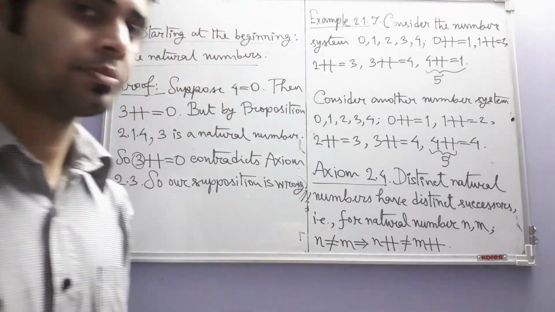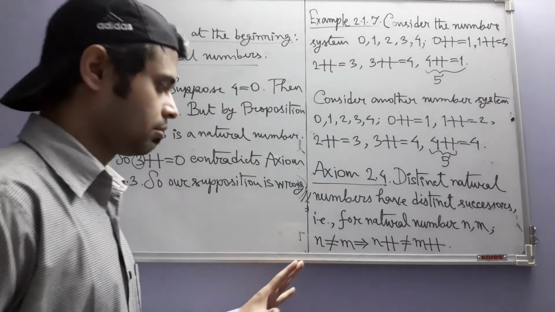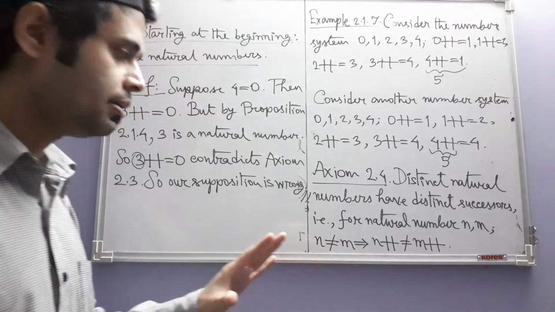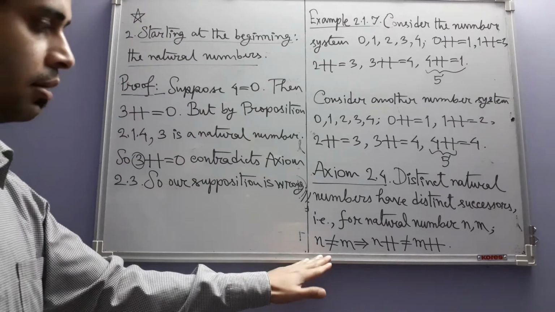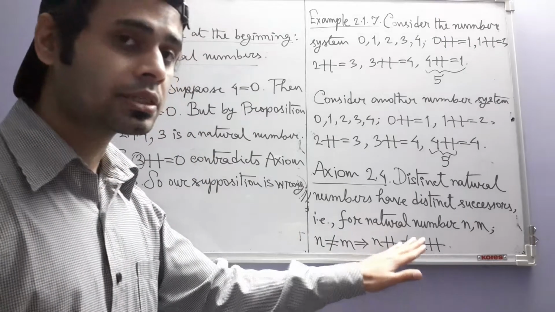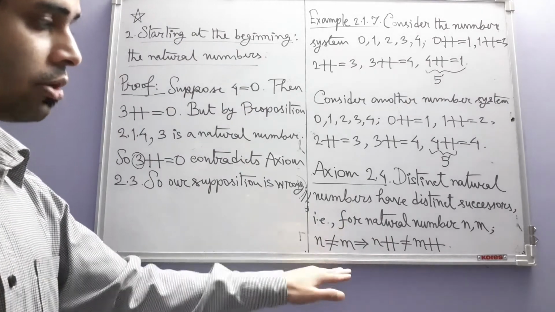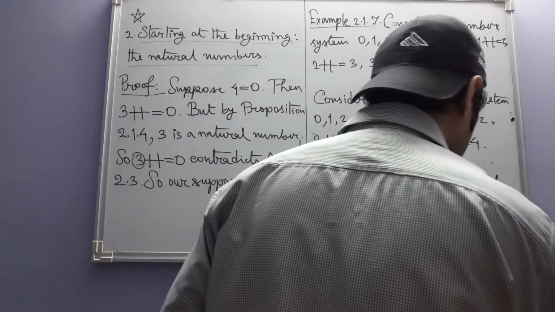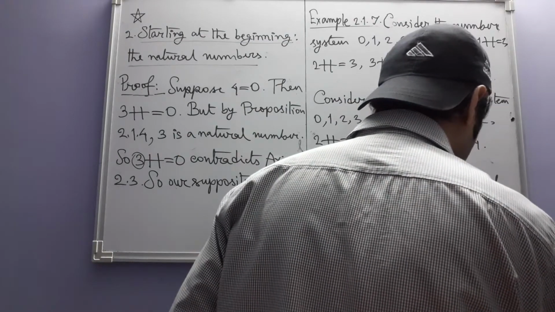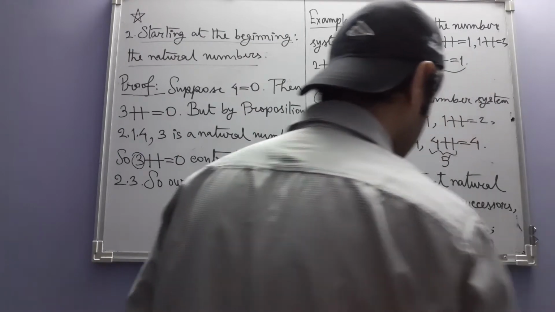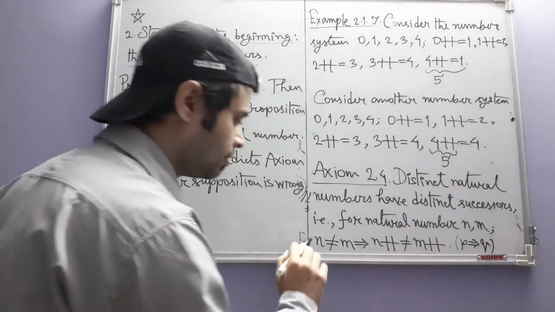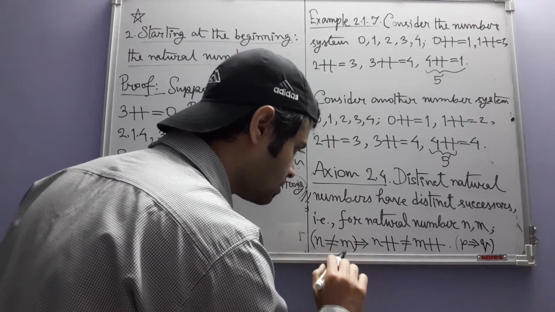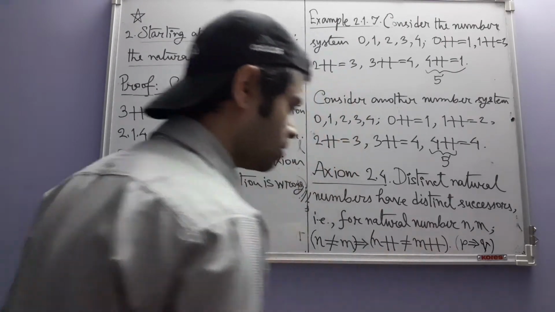Now, if you recall the things we did while we studied mathematical logic, there we came across implications, right? P implies Q. So this is a statement like that, where this is the hypothesis and this is the conclusion.